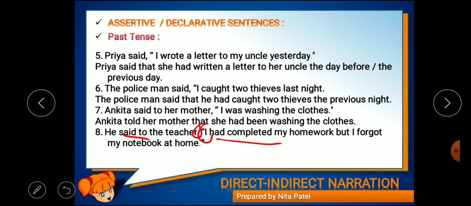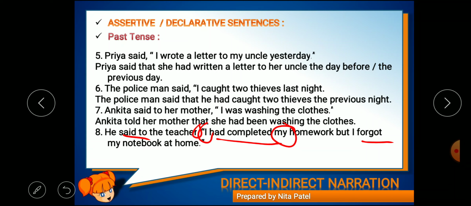So past perfect will remain past perfect. So he told the teacher that he had completed his homework, but my also will change. So his homework, but he now forgot.